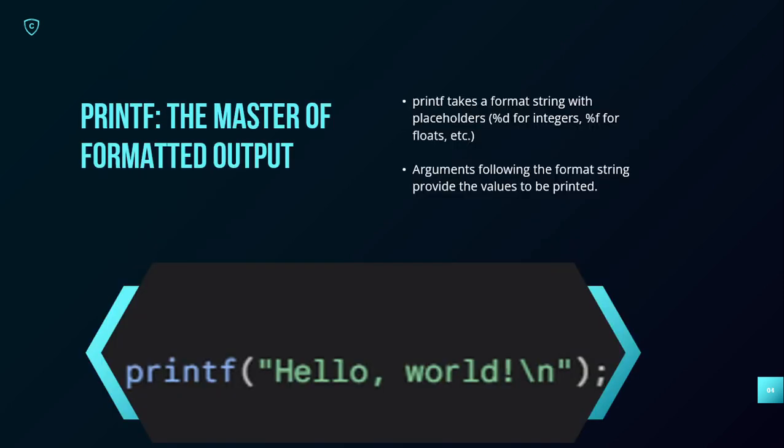Next up, the first output command in C is the printf command. The printf takes a format string with placeholders, %d for integers, %f for floats, etc. Placeholders are small string values used with the code. Arguments following the format string provide the values to be printed.